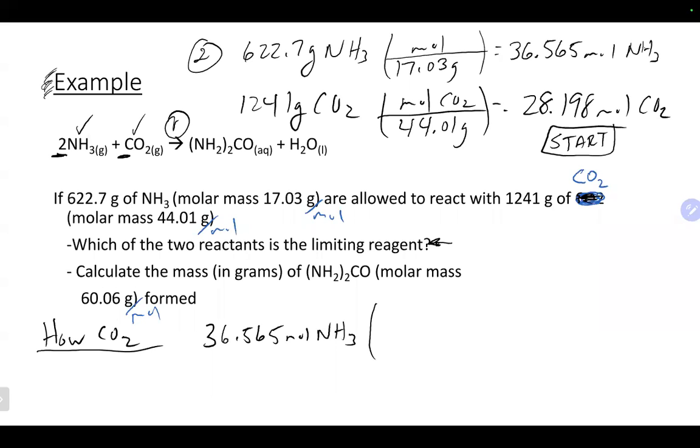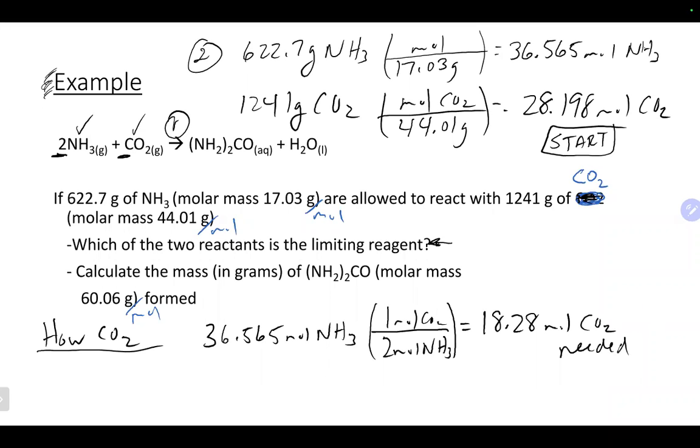So using that stoichiometry, 2 moles of NH3 on the bottom, 1 mole of CO2 up on top, I've got 36.565 divided by 2, about 18.28 moles of CO2 is needed.